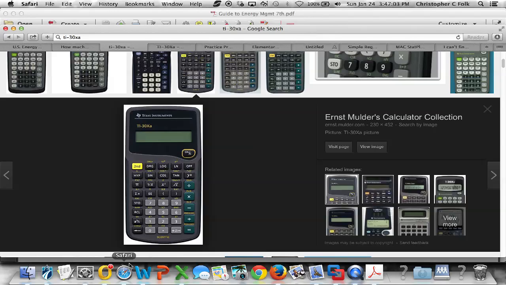So this is a picture of the calculator that I've used quite a bit in my electrical classes. It's my favorite calculator, the Ch1-3, very powerful calculator. However, in searching for information on this, I realized that this calculator does not perform the regression analysis.